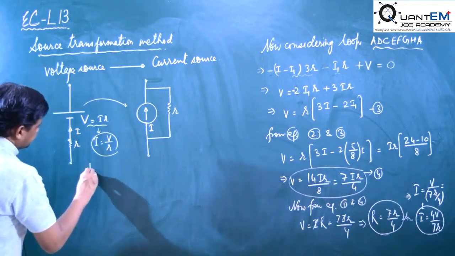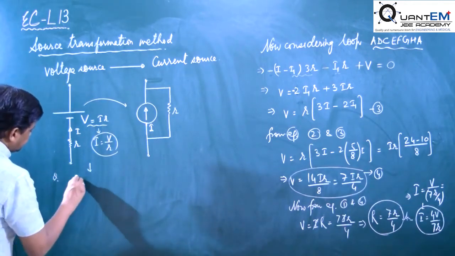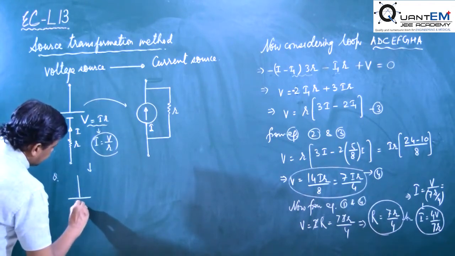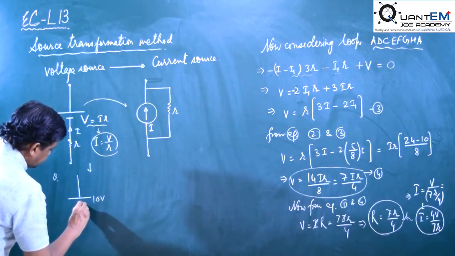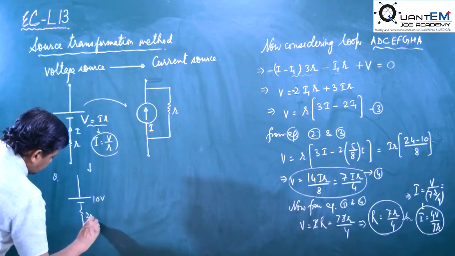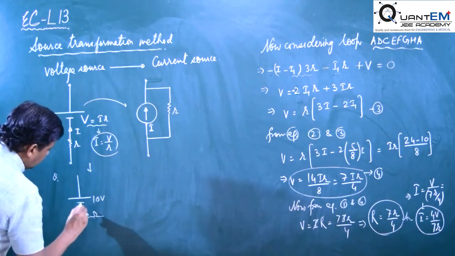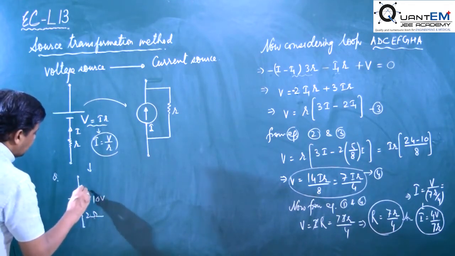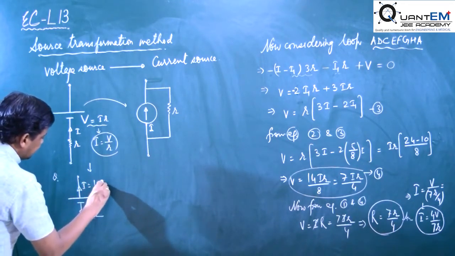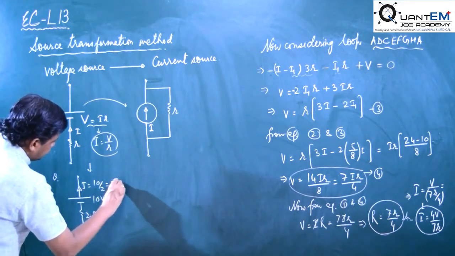Okay. Now suppose we have a question here. It is a voltage source of 10 volt and internal resistance 2 ohm. So what is the current flowing through this circuit? That is 10 by 2, that is equal to 5 ampere.